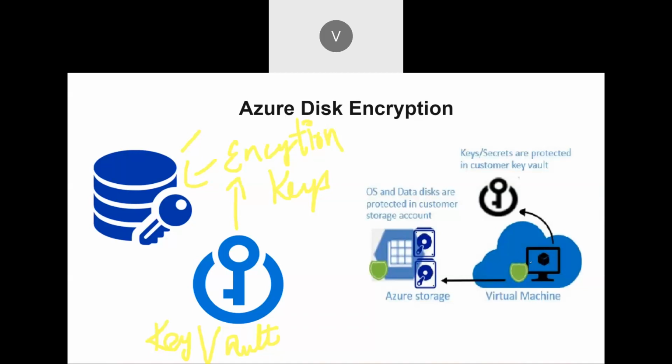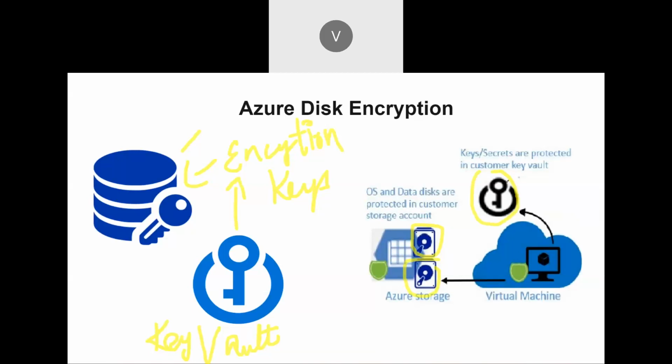When you enable Azure Disk Encryption and the virtual machine is trying to access the OS disk or the data disks, it first has to retrieve the encryption keys from the key vault. This is the symbol for key vault.